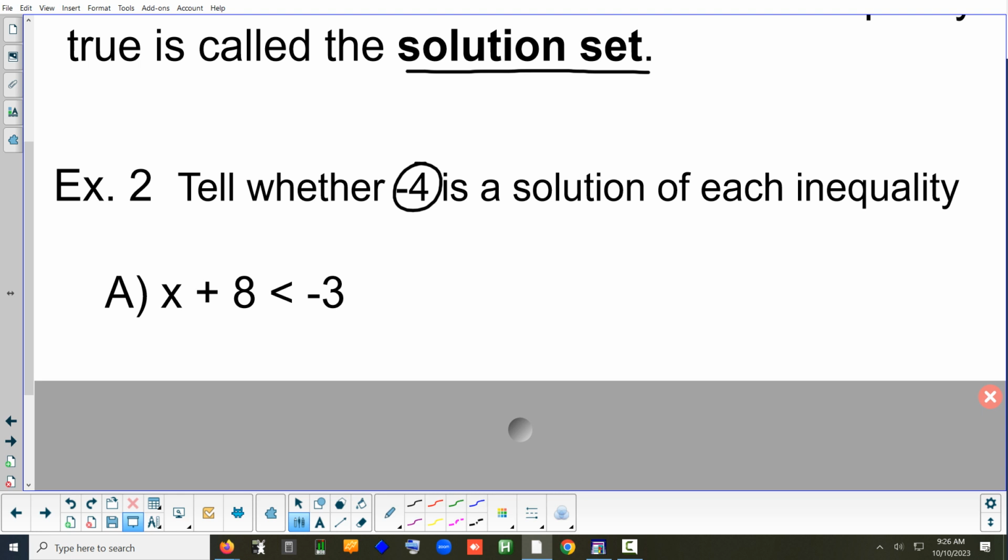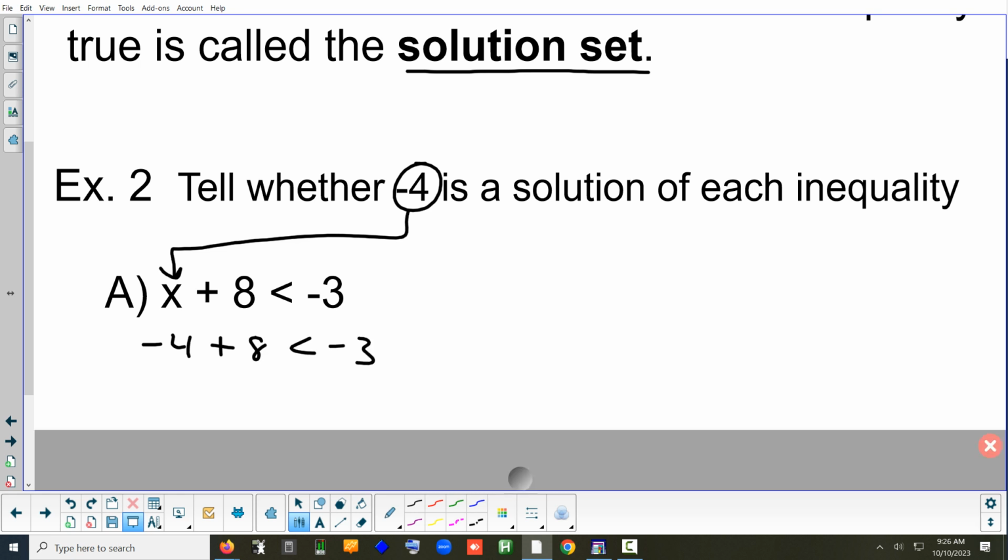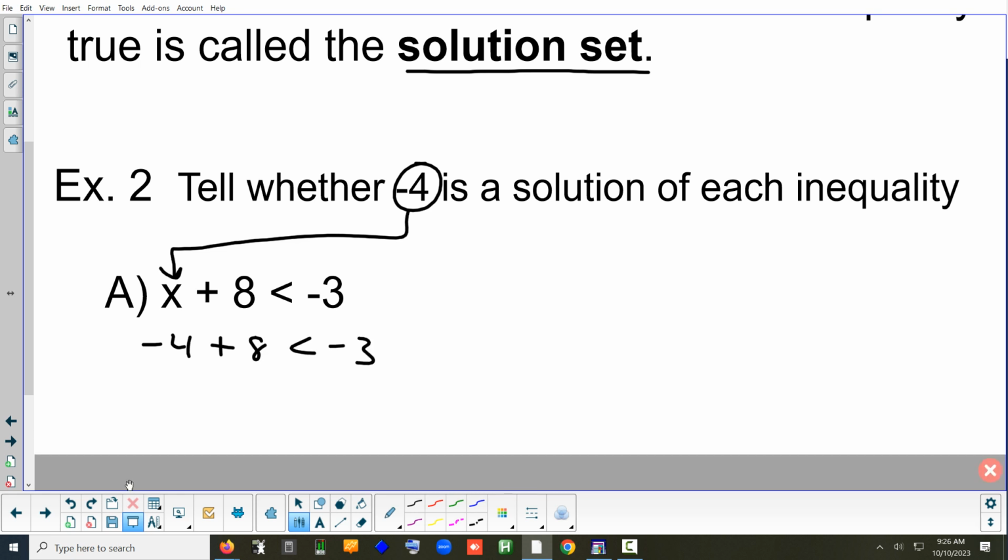Plug it in. Okay, so plug that in. -4 plus 8 is less than -3, and now we simplify it. What's -4 plus 8? 4. Yeah, it's going to give us 4 is less than -3.